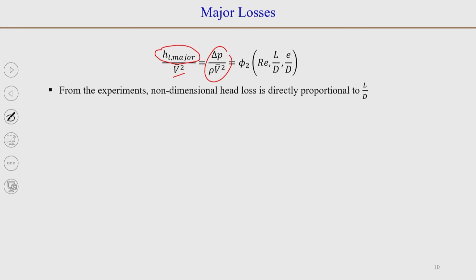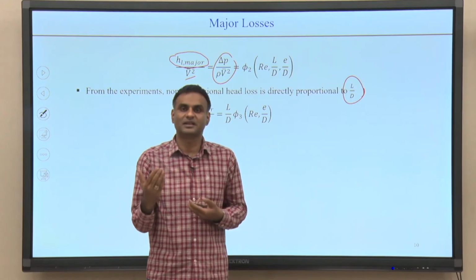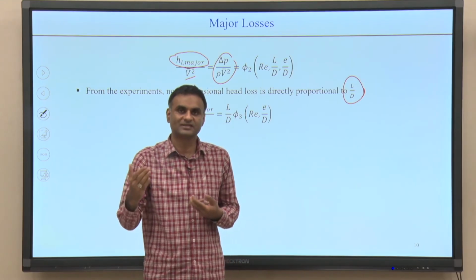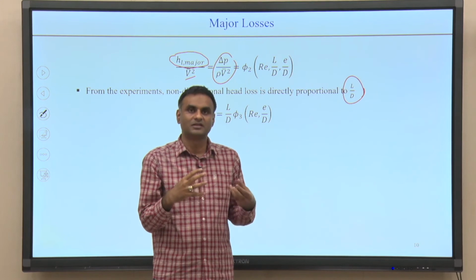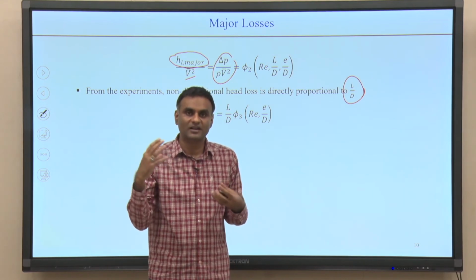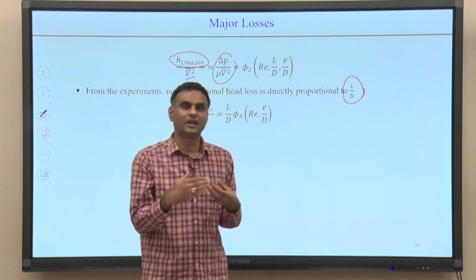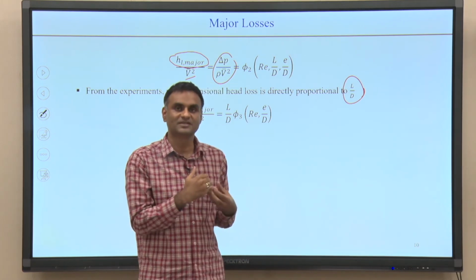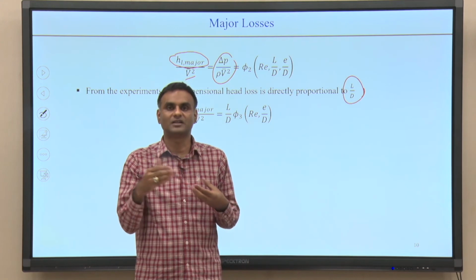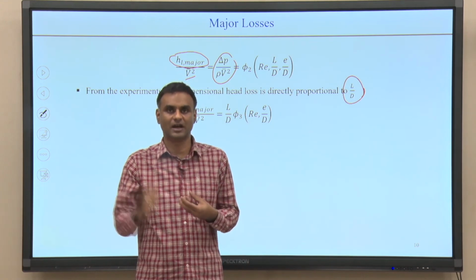Now, the experiments have shown that the head loss or major loss is directly proportional to L by D, because dimensional analysis can give us information on what the relevant dimensionless groups are, but we cannot find out from dimensional analysis in what way they are related.